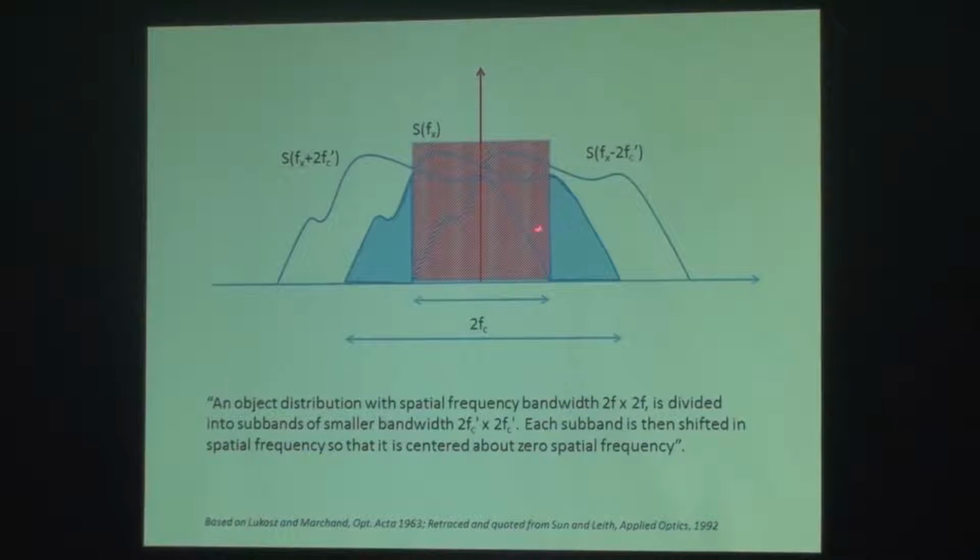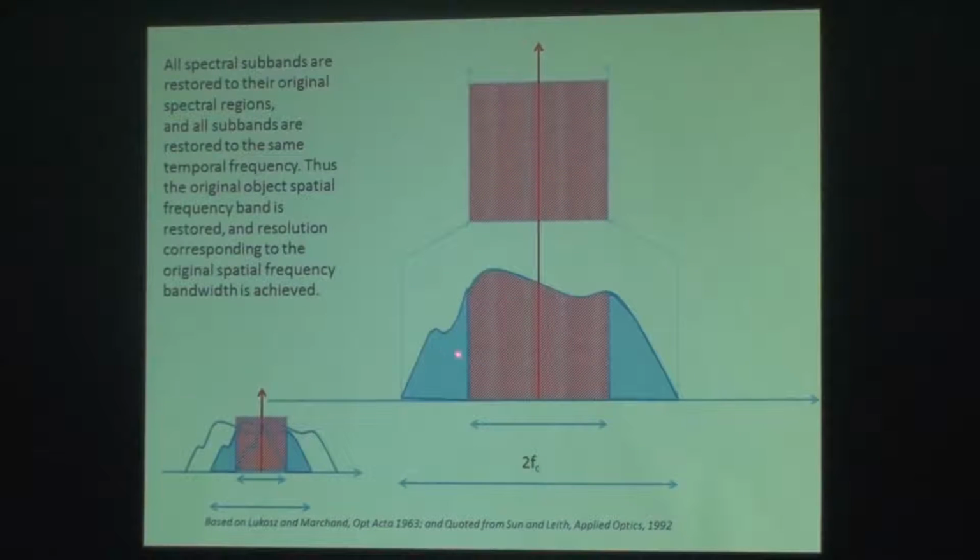Before, what we call the missing cone in the middle, because you don't collect this information, is now transferred. By doing that with the 5 different phases, you can move these frequencies into the observable field.